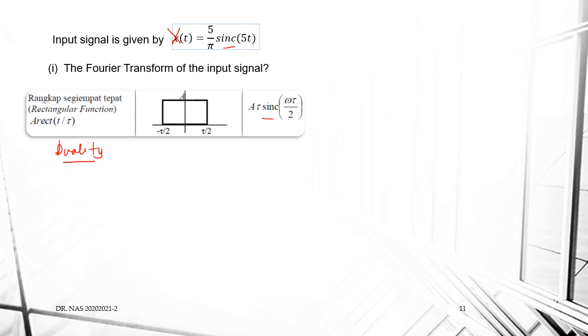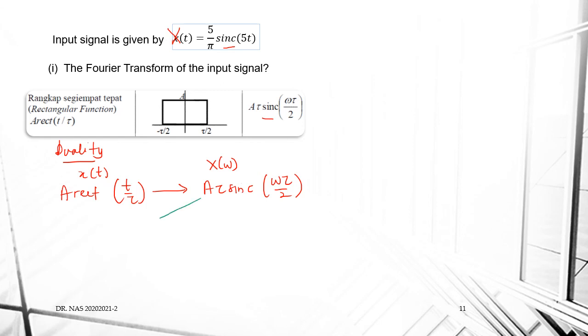The basic equation: if you have x(t) as a rectangular function of t over tau, then X(omega) equals A tau sinc(omega tau over 2). But in the duality concept, you have this equation in t, so it becomes A tau sinc(t tau over 2).